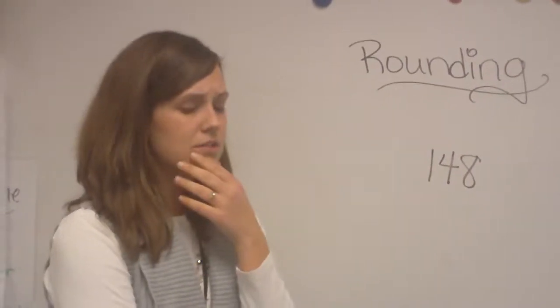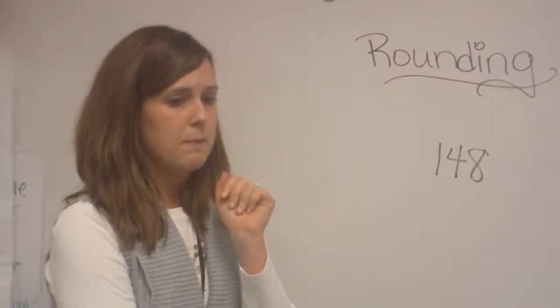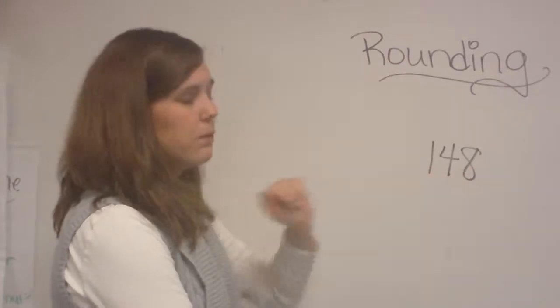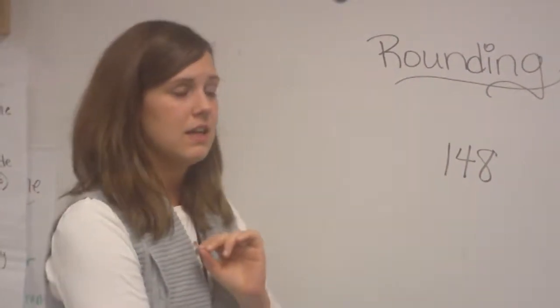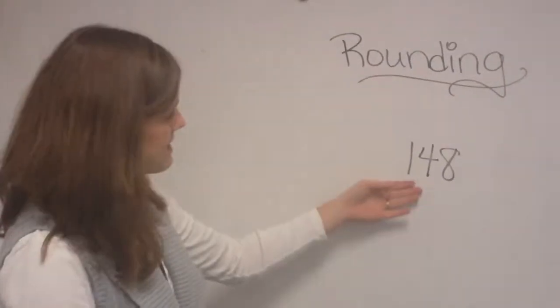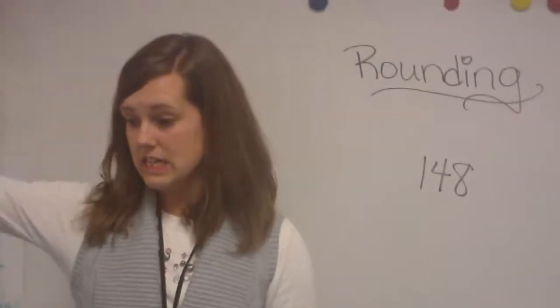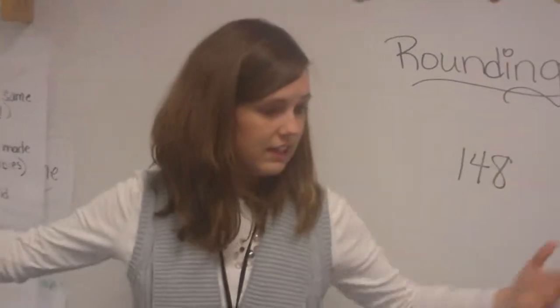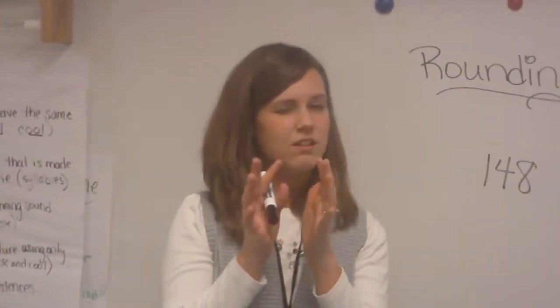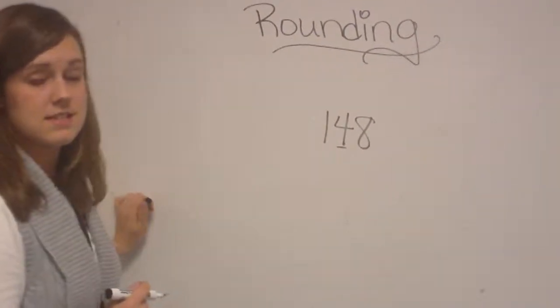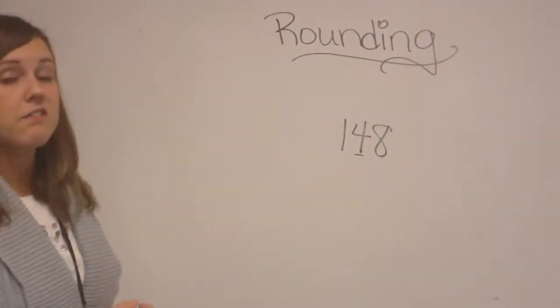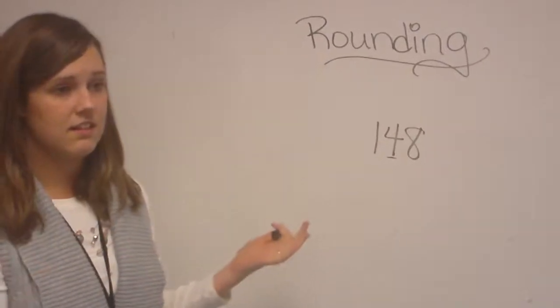Now, if I'm at the store and I want to buy something, I probably want to round to the nearest tens place because I want to kind of get close to it. I don't want to be so far away because if I say the hundreds place, it's either 100 or 200, and I want to know a more close estimate. So I might look at that tens. So 148 round to nearest tens. Let's look at it on a number line.